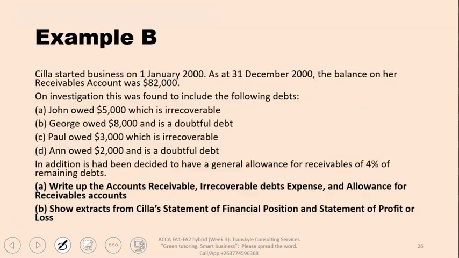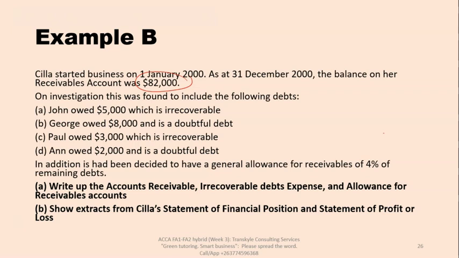Okay, we've got problem B there, which talks about Sealer. We started business on 1 January 2000. As at 31st December 2000, the balance on a receivables account was 82,000. On investigation, this was found to include the following debts: Mr. John owed 5,000, which is irrecoverable. George owed 8,000 and is a doubtful debt.